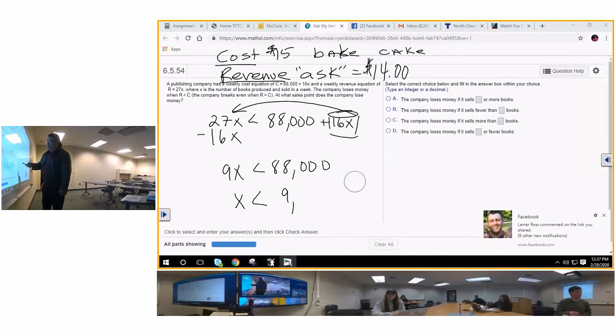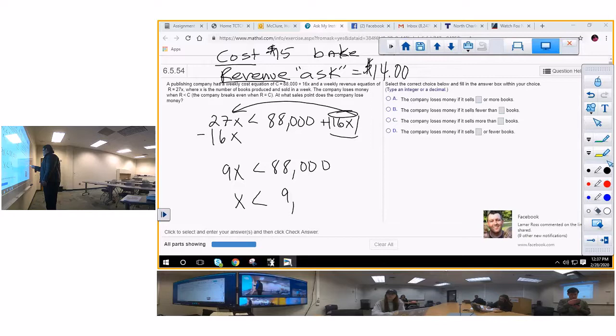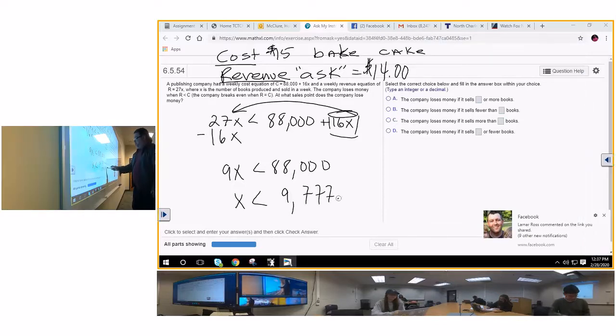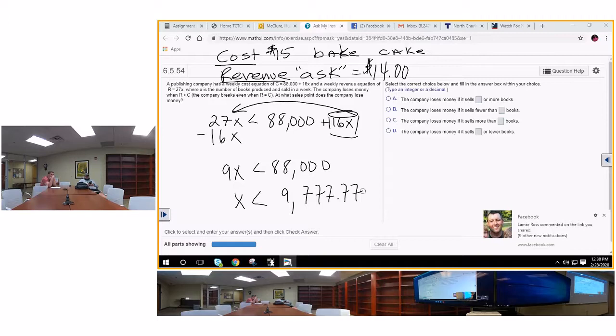Okay, I got my 8 and 7 mixed up. So, 27 minus 16 is 11. Okay, well, my calculator skills are bad. I just want to make sure.